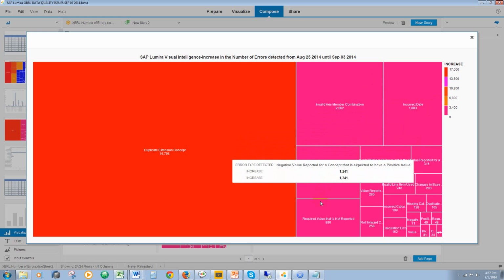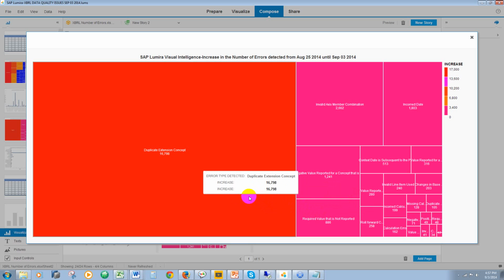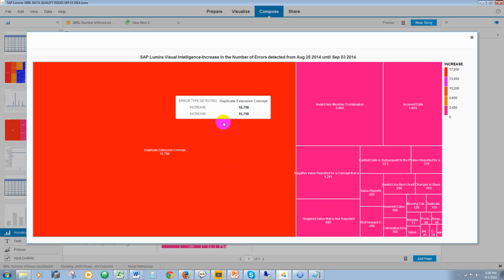And then another significant increase is required value that is not reported. This affects the completeness of the financial statements with regard to XBRL reporting. That's an increase of 886, which is a significant number. So these are the significant increases from last week in the different types of errors.